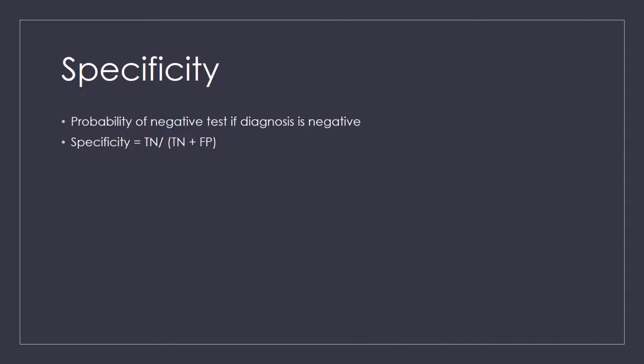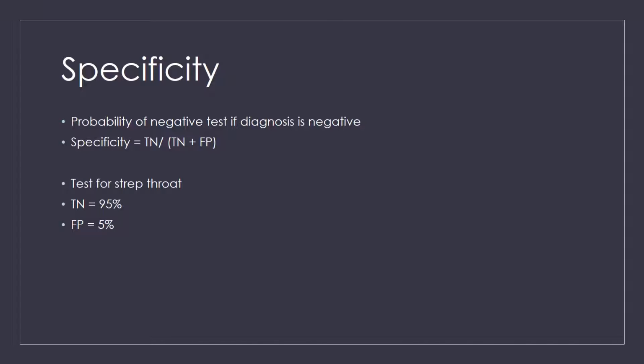Specificity is a little bit different. You can have high sensitivity but not high specificity. This is the probability of a negative test if the diagnosis is negative. So it is calculated as the number of true negatives divided by true negatives plus false positives.